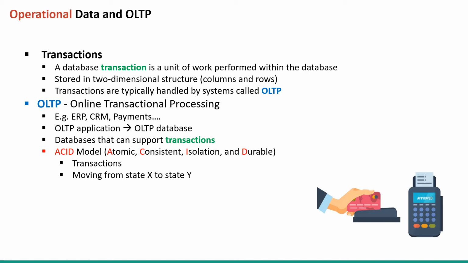A transaction defines a set of actions that must be completed. There is no middle ground. The data in the database must move from state X to state Y. Let's use the same example of a customer that ordered some product.